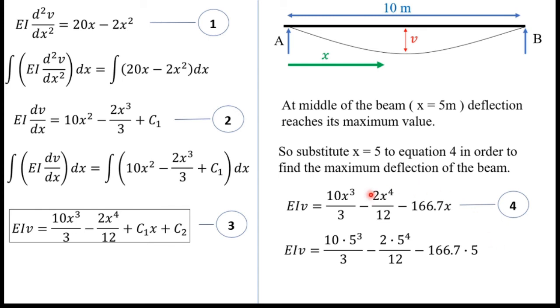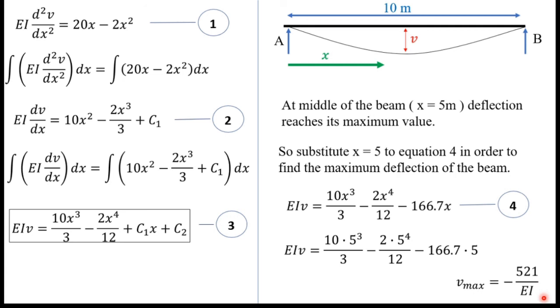So if I substitute this, I can write EIV equals 10 times 5 to the power 3 over 3 minus 2 times 5 to the power 4 over 12 minus 166.7 times 5. So if I simplify this, I can get V max. So this is the maximum deflection. V max equals minus 521 over EI.